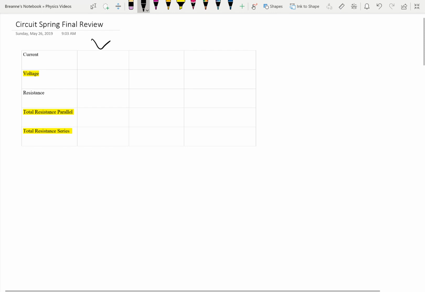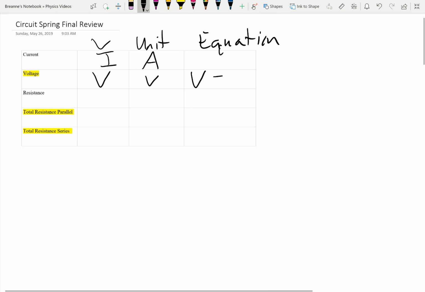So the first column is your variable, which goes into the equation. Next is your unit, which goes after the number, and of course your equation. So current is represented with an I. The unit for current is amps. Voltage is represented with a V, and your unit is volts, and your equation is V equals IR.